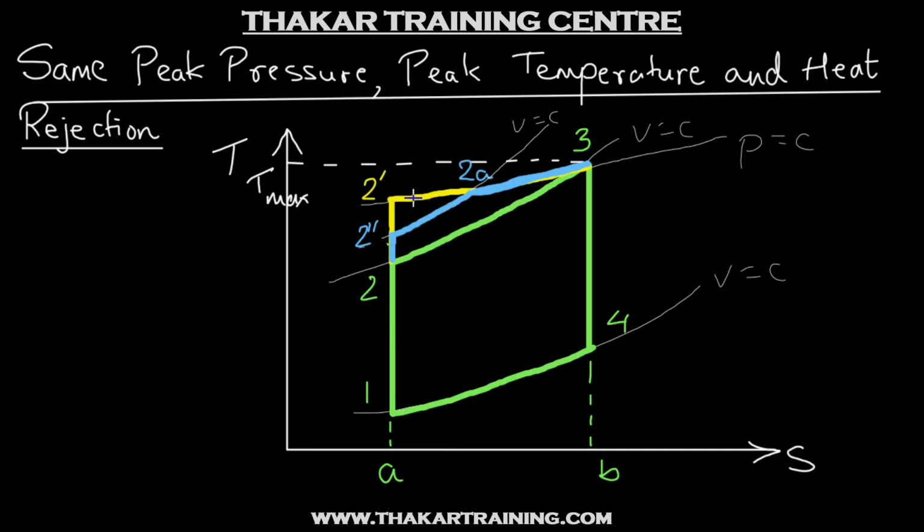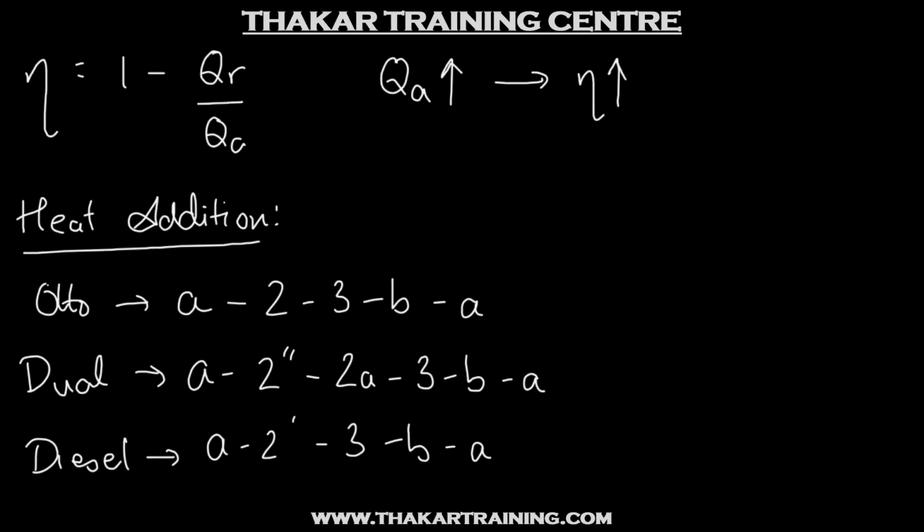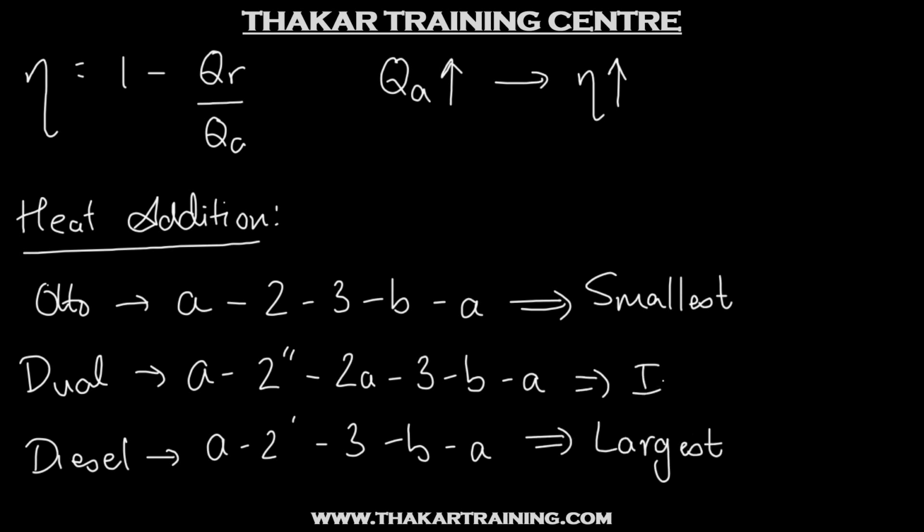So diesel cycle is having the largest heat addition, whereas the Otto cycle has the smallest heat addition. Once again, dual cycle is coming in between. Alright. So this is the largest, it is the Otto cycle which has the smallest. So this is the smallest area, this is the largest area, whereas this is in between.